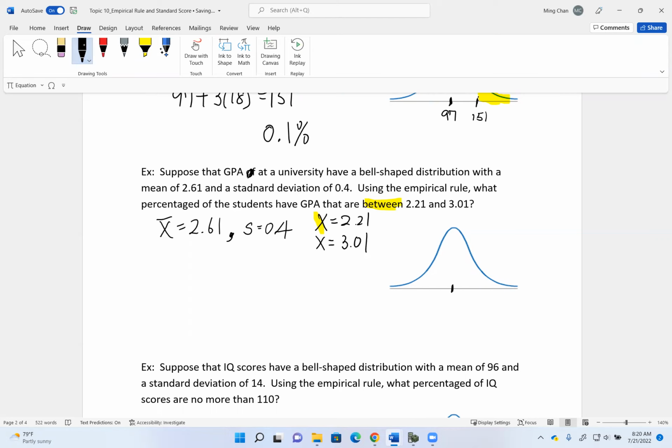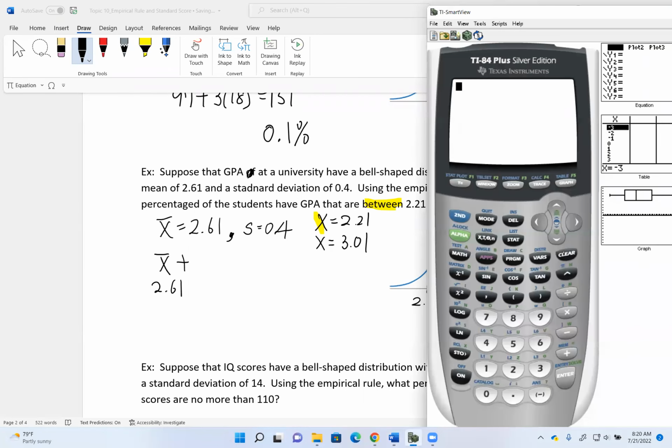So let's see. The mean in the middle is 2.61. 3.01 is to the right, and 2.21 is to the left of the mean. If I take my X bar, 2.61, plus one standard deviation, 0.4, that will be 3.01.